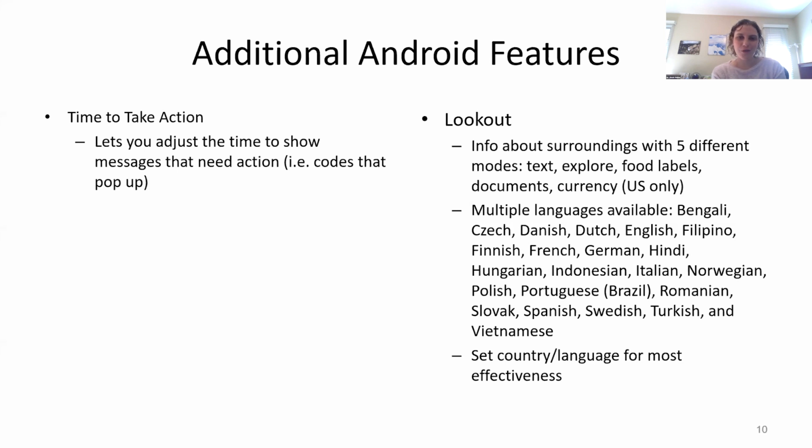I would say that the text and the documents are probably the most helpful. Food labels are really particular. It's not always going to be able to read it. It can't always identify certain barcodes. It's very dependent on what's in their database. And that explore mode only gives you so much information.